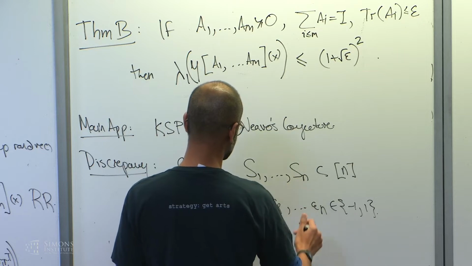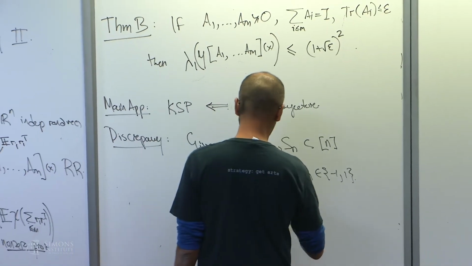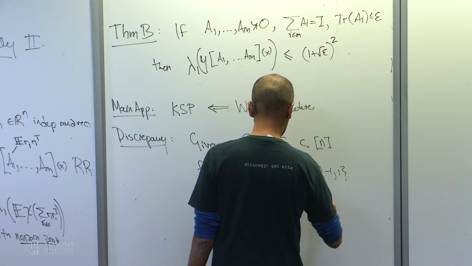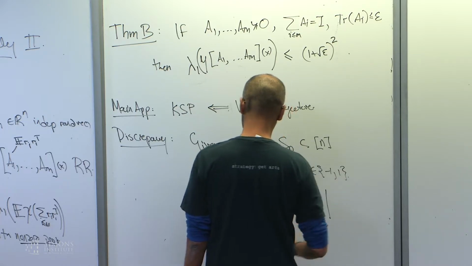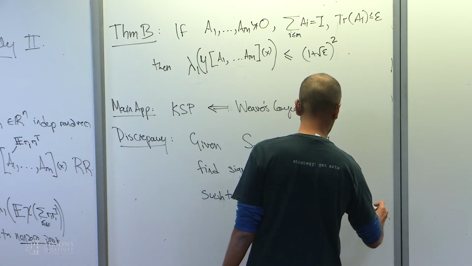for every one of these sets, it's as balanced as possible. So such that the maximum over these subsets of the sum of the signs inside the subset, this quantity is called the discrepancy, is small.